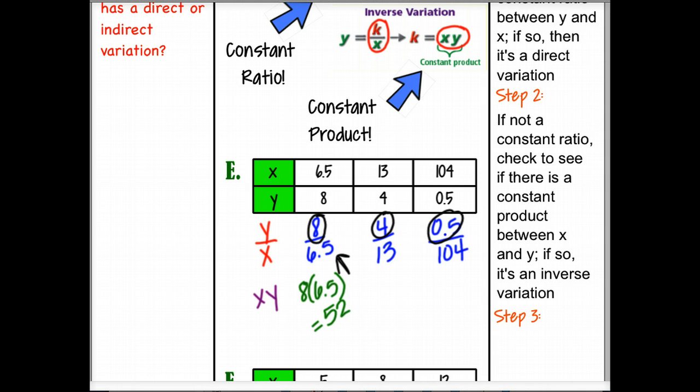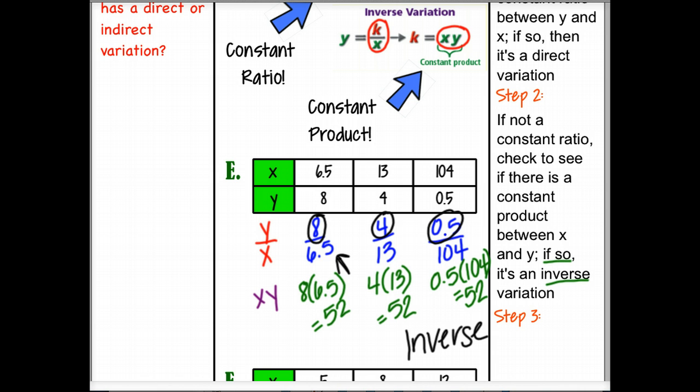And then if I take 4 times 13, I get 52. Now I know a lot of you want to stop right there, but you should check all of them because I'm known for throwing a loop in for you at the end. If I take 0.5 times 104, half of 104 does in fact give me 52. And it says here, if so, it's an inverse variation. So we would write down here that this one has an inverse relationship.